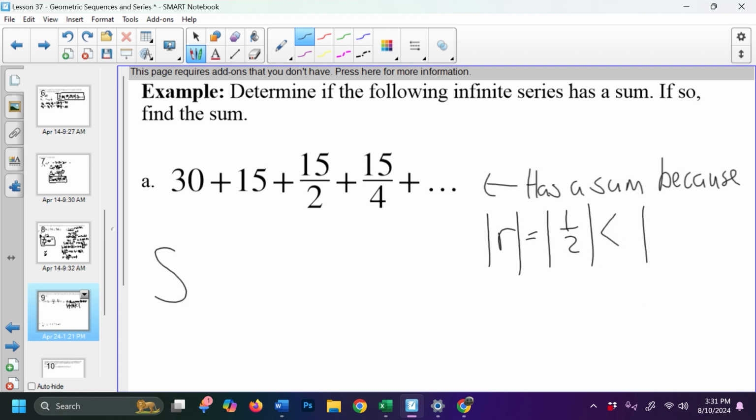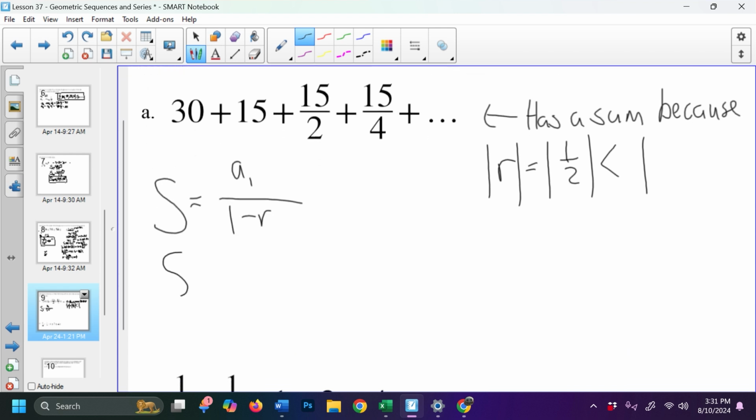And so that sum is the first term, a sub 1, all over 1 minus the common ratio r. So we'll go s is equal to 30 over 1 minus a half. Now I could actually calculate that. I'll go 30 divided by a half. When I take how many halves are in 30, there are 60 halves in 30.